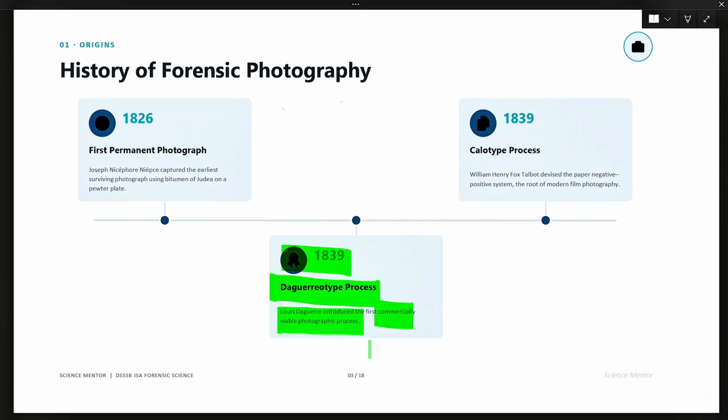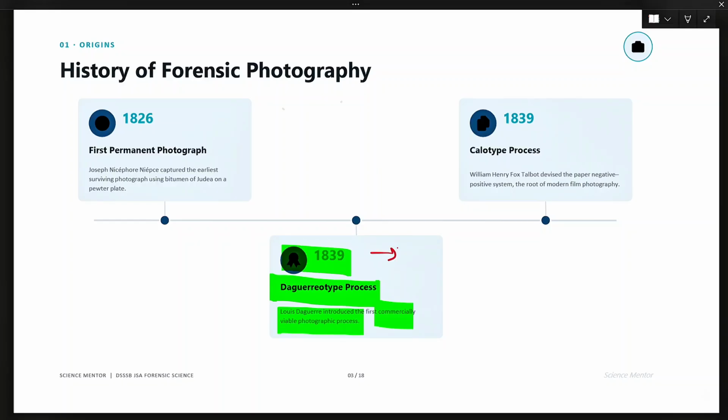So the daguerreotype became the first commercially successful photographic process. In simple words, photography was no longer just a scientific experiment. People would actually begin using it. So the daguerreotype process has better image quality. Let me write.